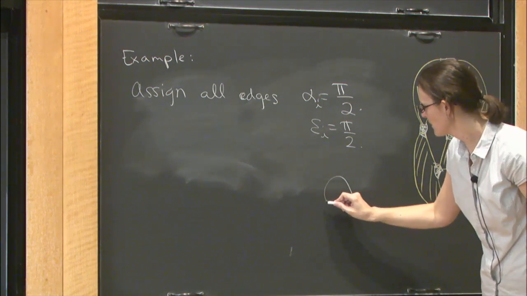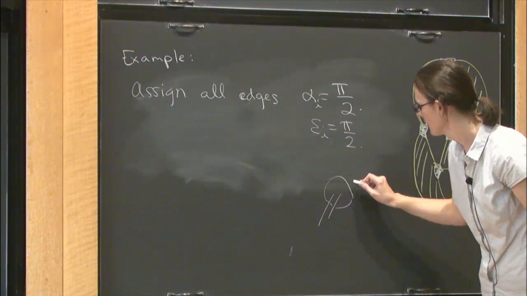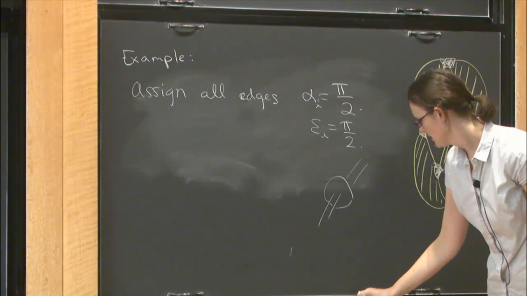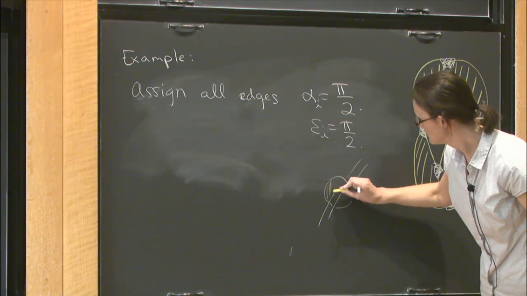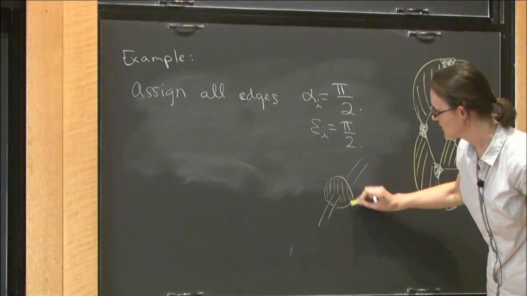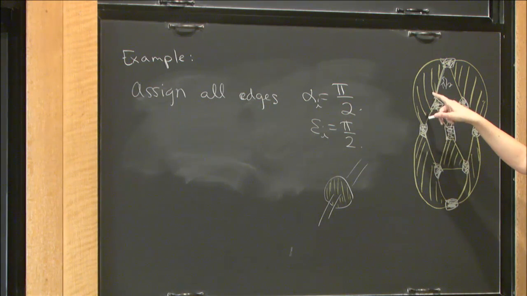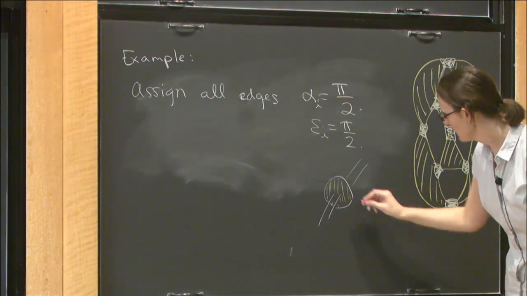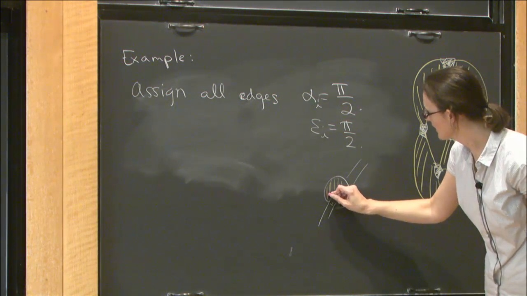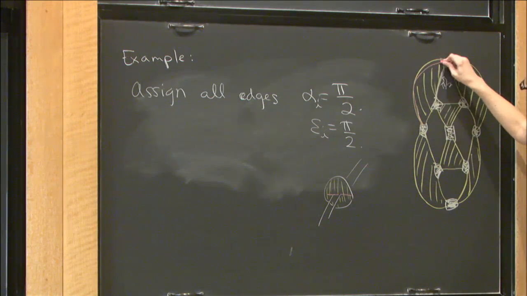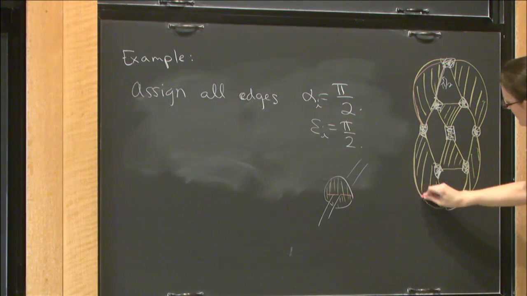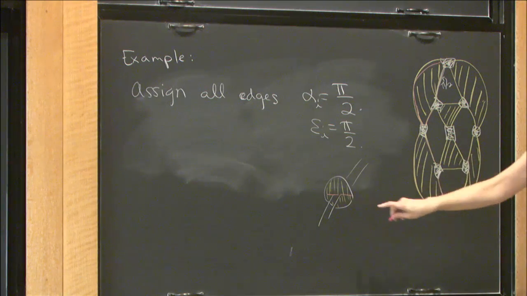Maybe the right picture to draw is this one. All of my edges lie on the intersection of these white faces and these crossing circles. And where are they? They're here, here, and here.